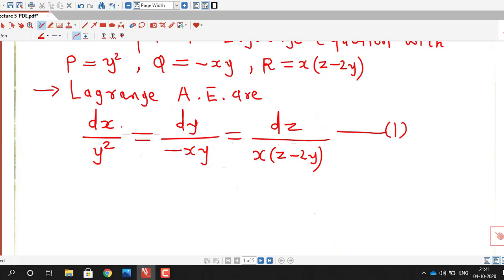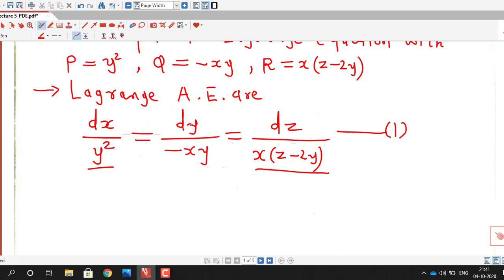So we can compare the first and second fractions, dx and dy, because we have every other thing in terms of x and y. We cannot compare the first and third fractions, because in the first and third fractions differentials are dx and dz, so y must be absent, but here y square is present, here y is present, so we cannot compare fractions 1 and 3.